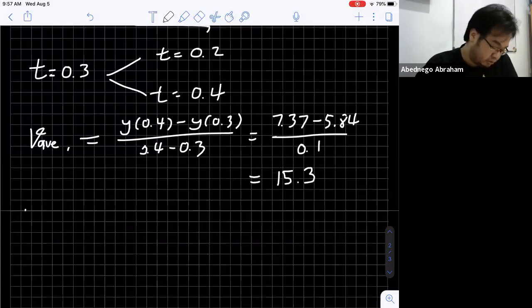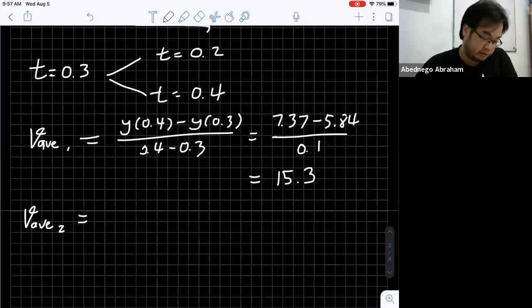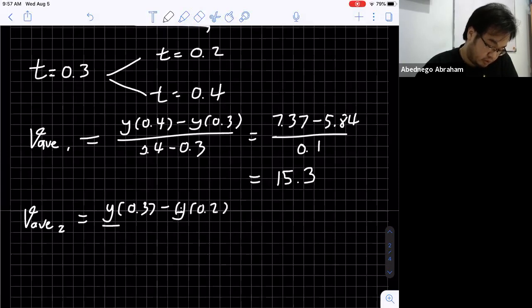And then we find the second situation, which is where you compare it with the previous one, with t equals 0.2. So it's equal to y(0.3) minus y(0.2) over 0.3 minus 0.2, which is already calculated also in your book. It's actually 18.5.